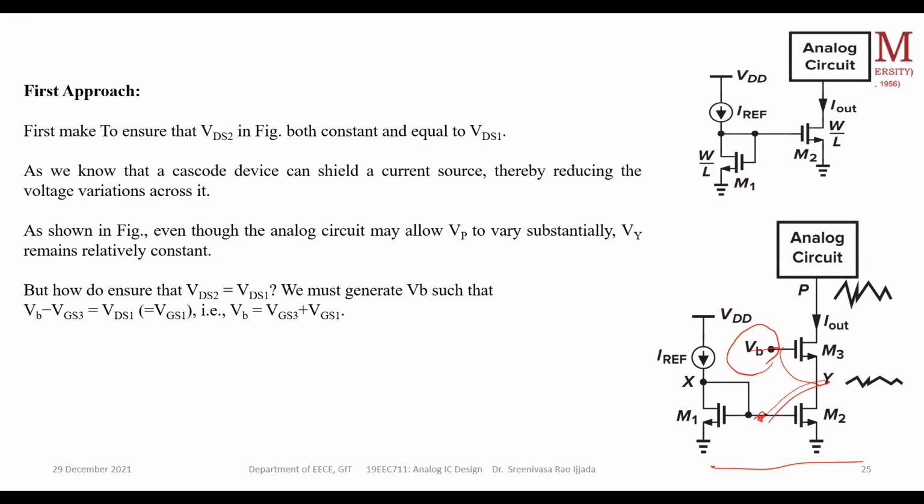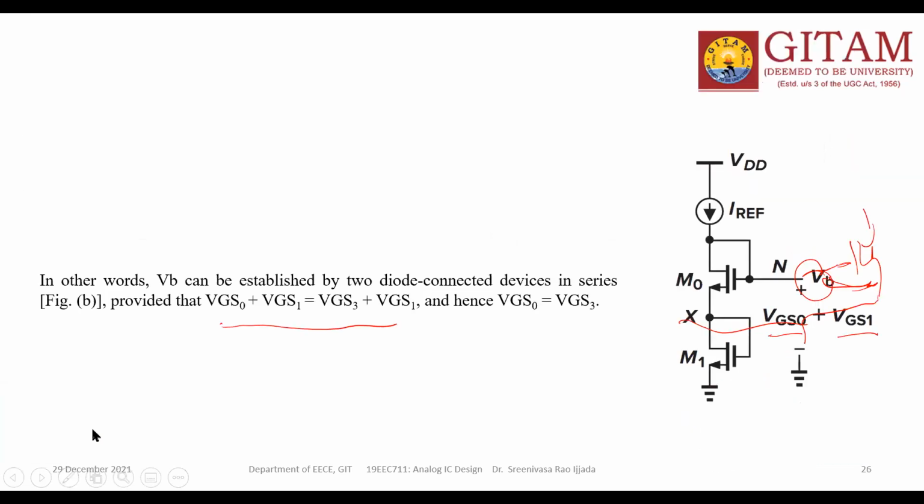So VDS2 is equal to VDS1. Look at this: VGS0 plus VGS1 is equal to VB, which is equal to VGS3 plus VGS1, and hence VGS0 is equal to VGS3.